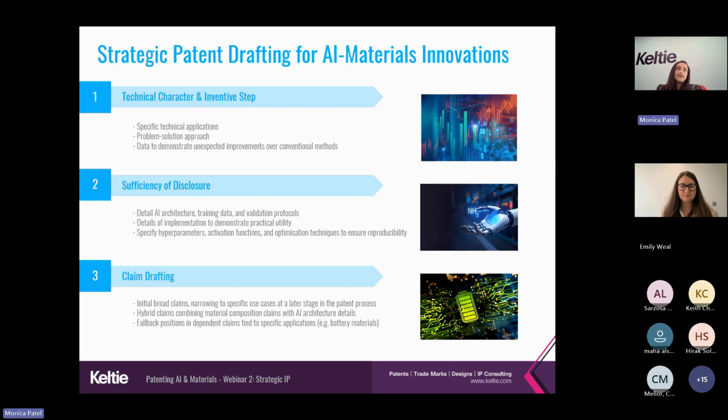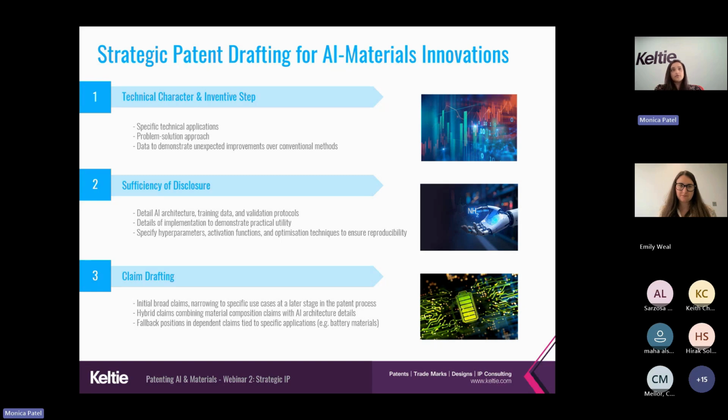In terms of what the claims cover, you can have claims that are directed to material compositions, you can have claims that are directed to the AI model. So that comes down to what it would be commercially useful for you to protect. You can have hybrid claims, combining material composition claims with AI architecture details.